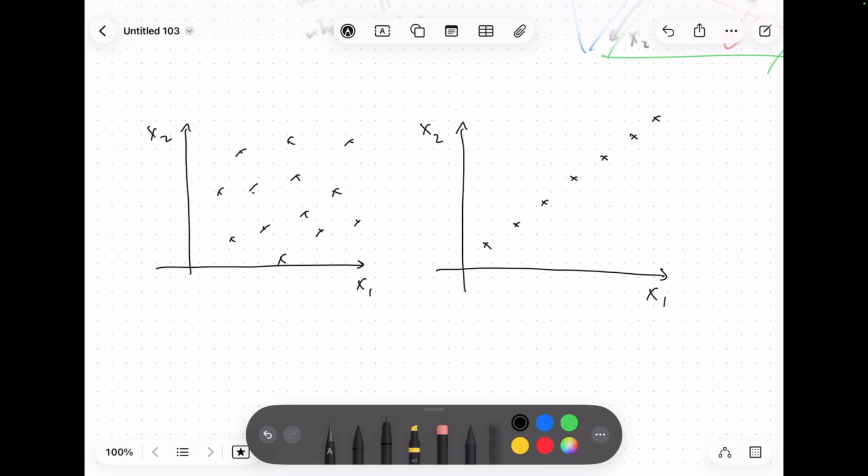So in the example on the left, I have data that's very uncorrelated. And then the data on the right looks very correlated. What does that mean for the regression?